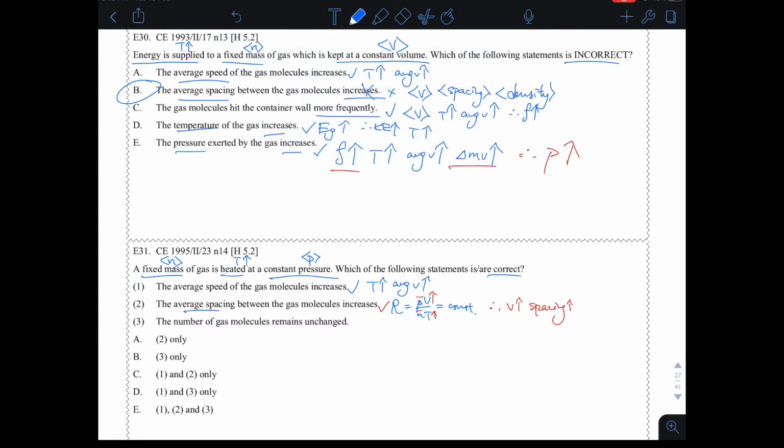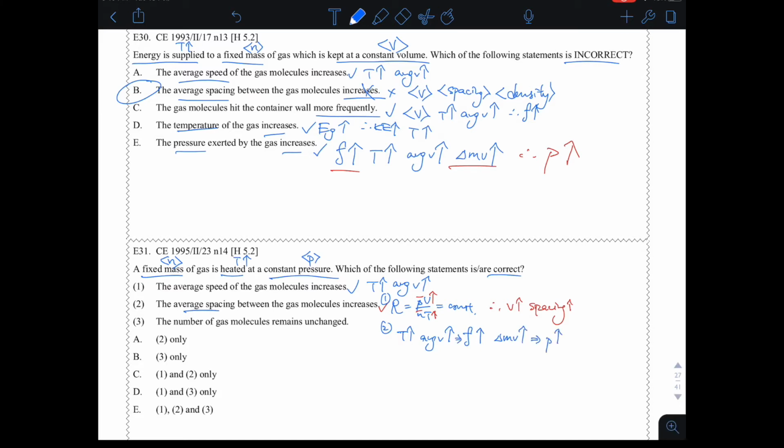Or you can use the microscopic view. This is the first one. The second one is you use the microscopic view. If the temperature increases, the average speed increases, then the frequency of collision will increase. Then the change in momentum will also increase.